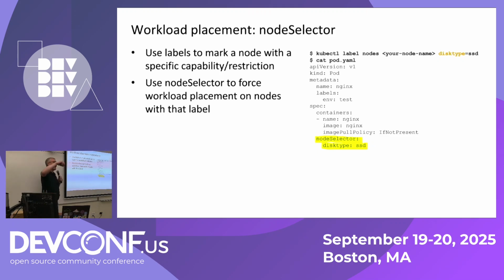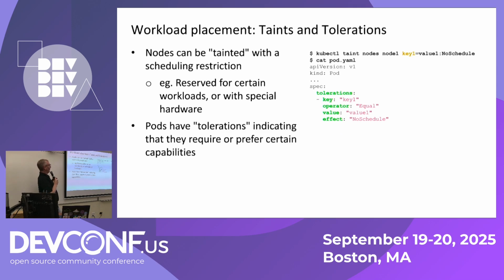But you can tag nodes with, this is an ARM64 node, this is a node with SSDs, this is a node with a GPU. And then you can make sure that when you're selecting nodes for a container, the containers are matched with a node that has the capacity that they want.